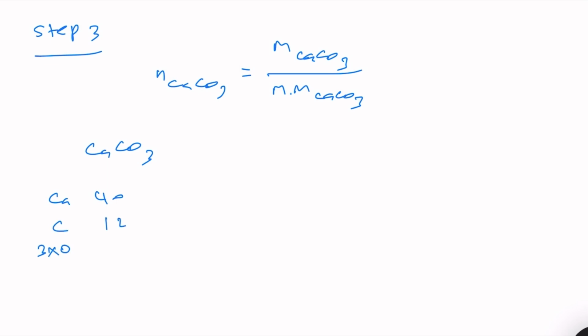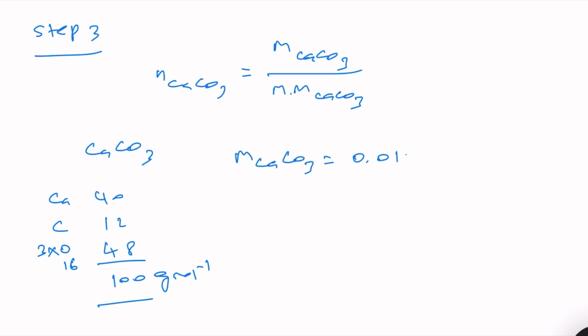So, 3 times 16, that is 48, and therefore this is 100 gram per mole. Therefore, the mass of CaCO3 is equal to number of moles of CaCO3 that we got, 0.0125 mole, times 100 gram per mole. Mole per mole cancel, and therefore this is 1.25 gram.